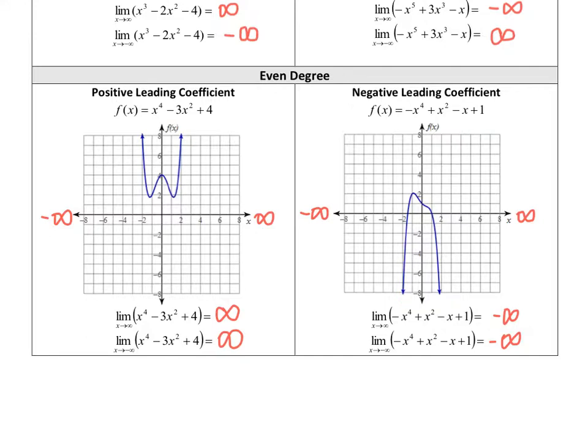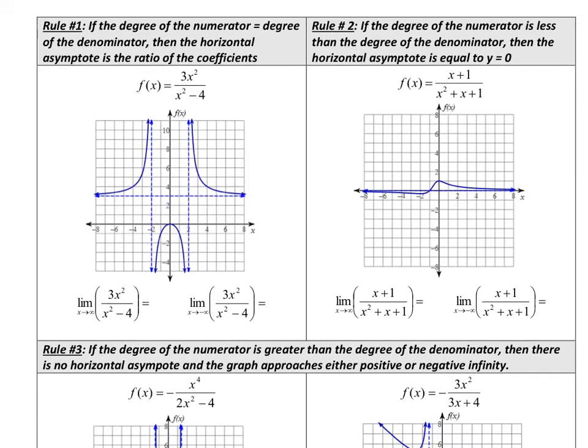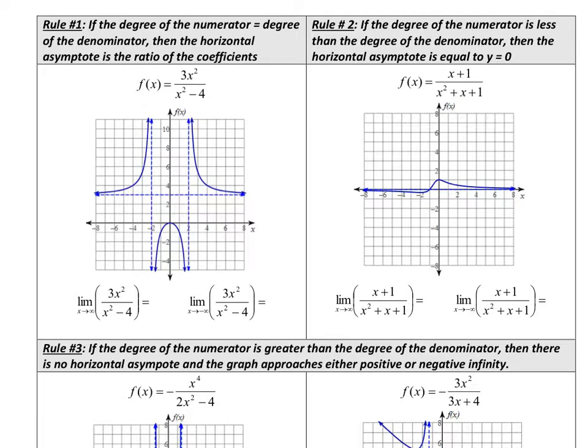All right, now let's talk about rational functions. So if I have a rational function, we're going to use horizontal asymptote rules to help us approach infinity. So the first rule to remember is if the degree of the numerator is equal to the degree of the denominator, then the horizontal asymptote is the ratio of the coefficients.